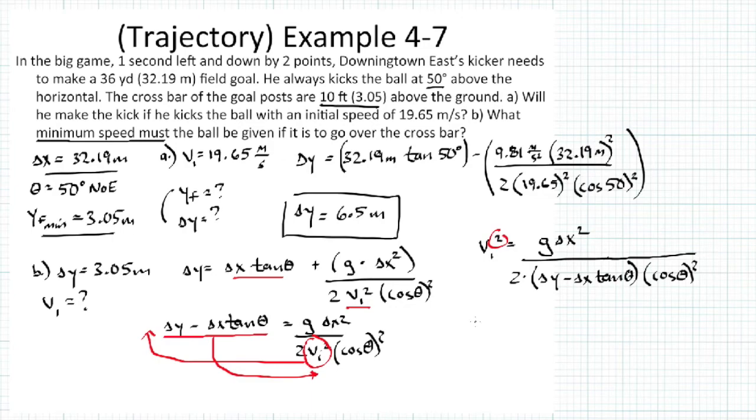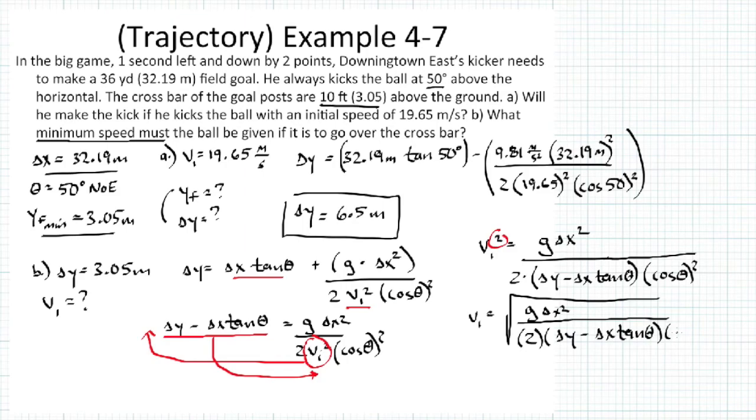So vi is going to be equal to the square root of, do I really want to write that again? Yeah, I do. G times delta x squared divided by all this. And again, this also will test your calculator skills. 2 times delta y minus delta x tangent of theta times cosine of theta, that value squared.